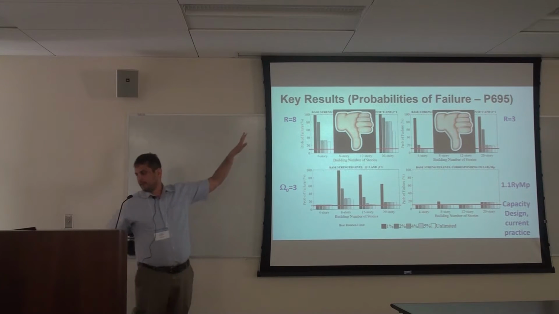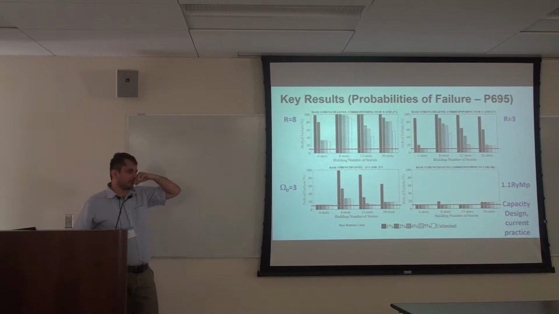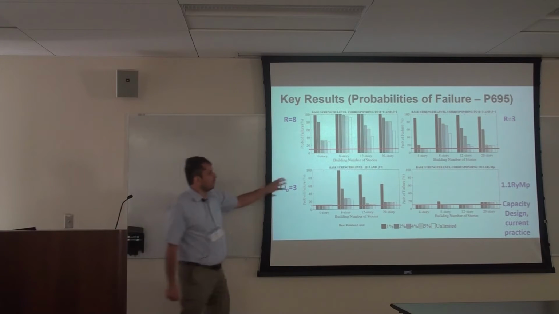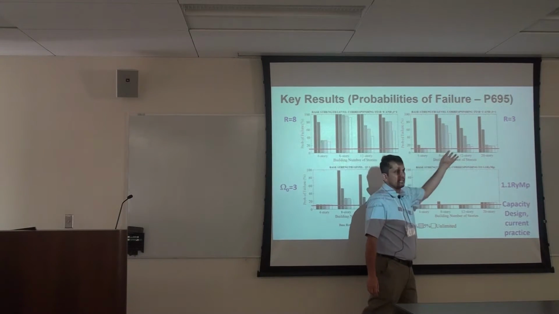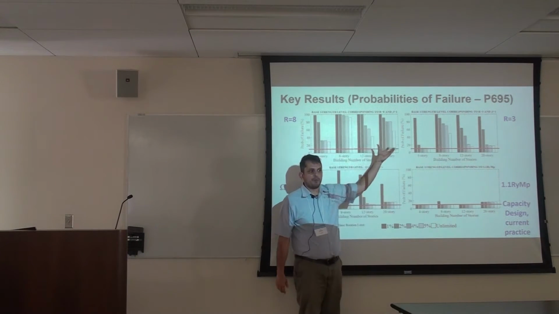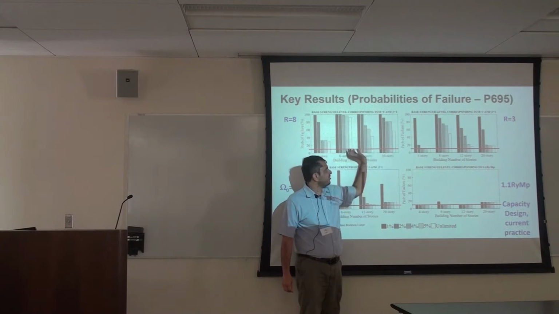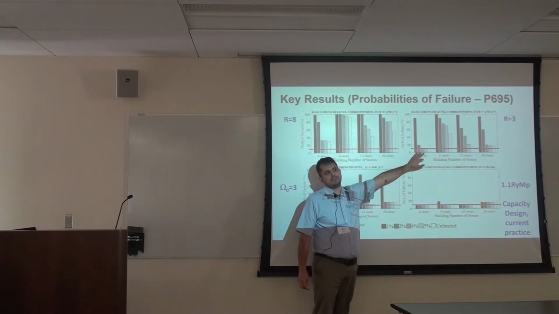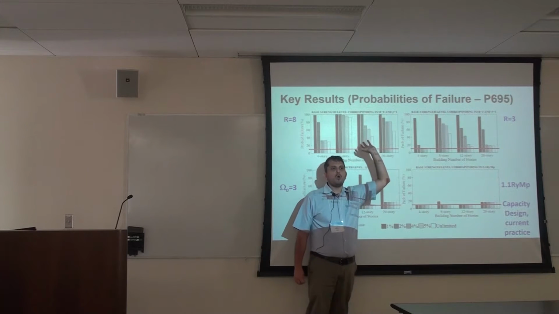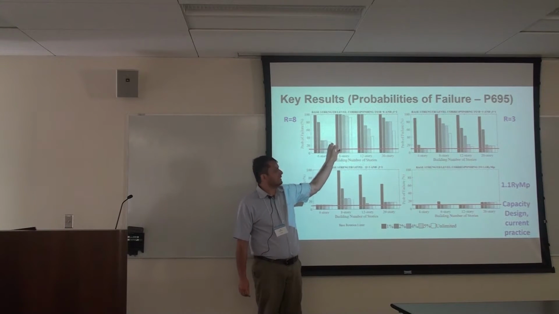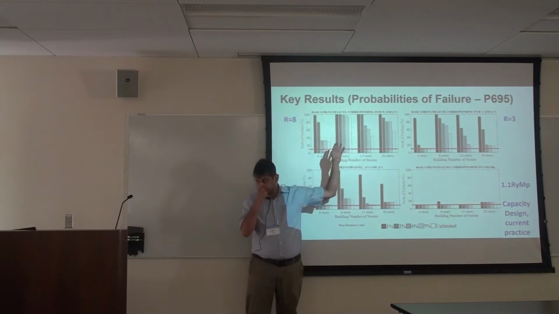No matter what rotation capacity you have in the base, maybe there's one stray case here or there which comes down to the 10% acceptable probability of collapse or failure, but other than that, it's basically a non-starter. No one's ever going to buy designing the base connection for an R equals 8.